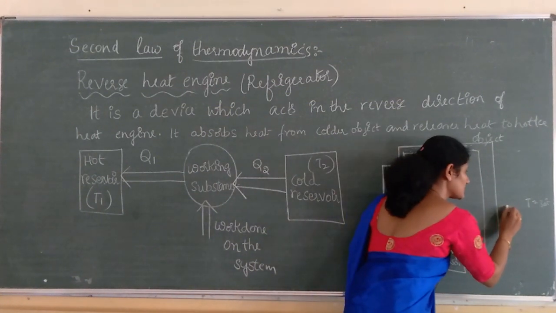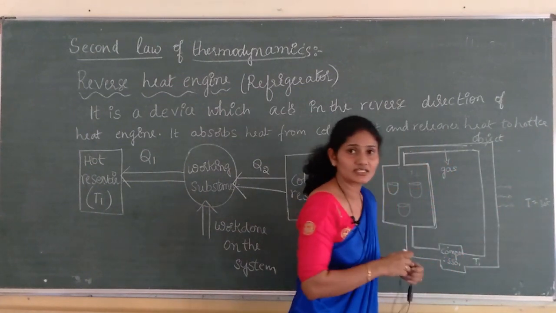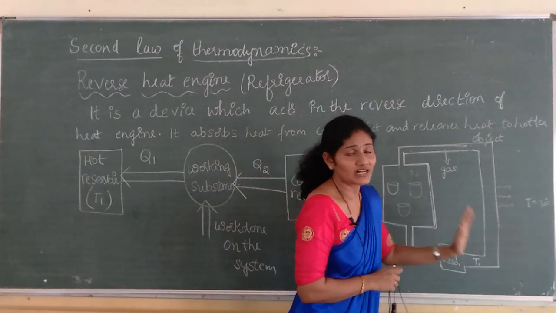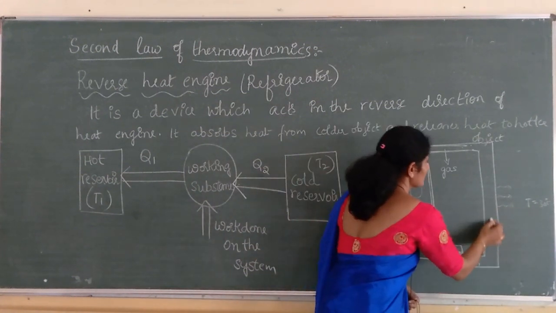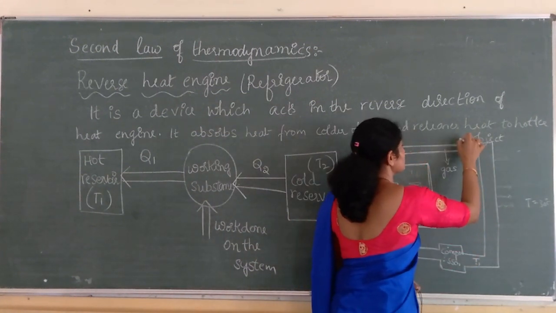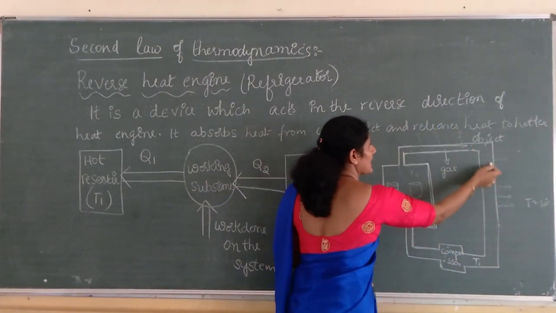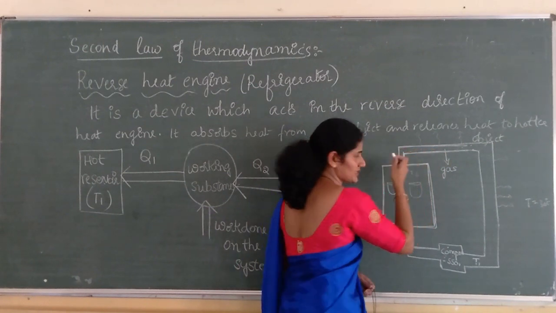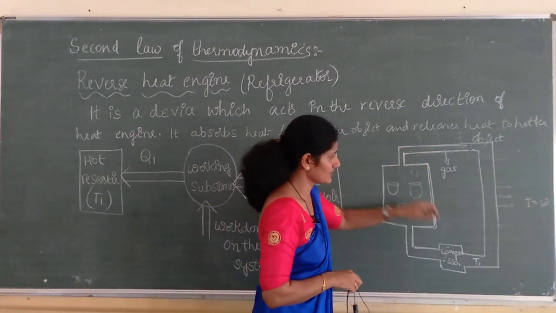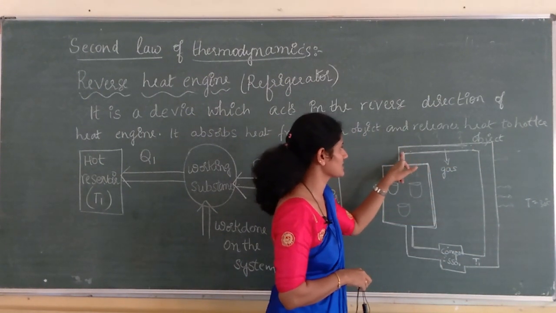So, it starts radiating the excess heat energy. Excess heat energy is rejected or released to the atmosphere, and this gas, after releasing the excess heat energy, again comes here. When it reaches here, its temperature decreases.